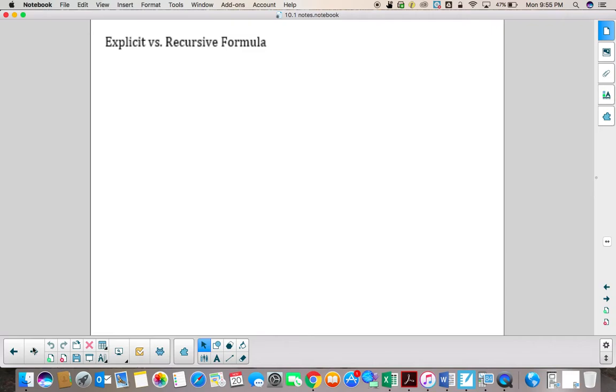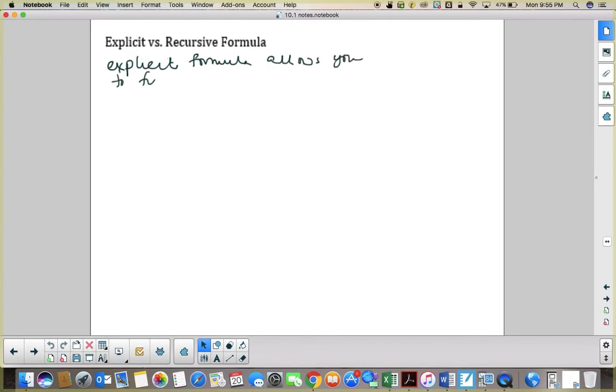So explicit formula allows you to find any term you want.